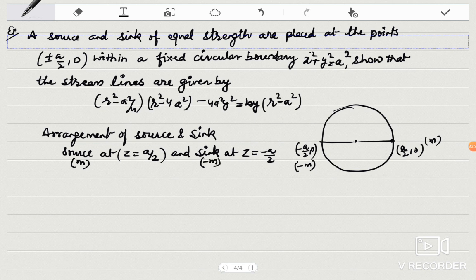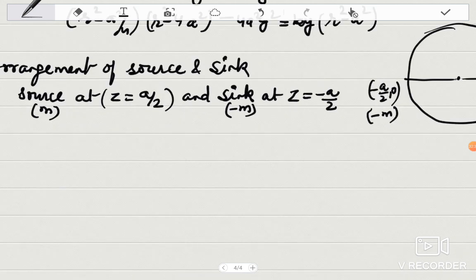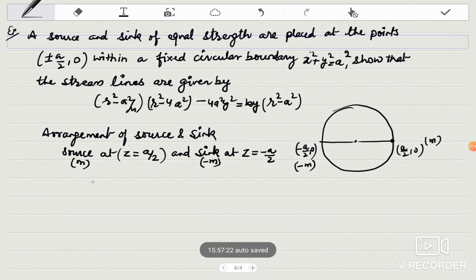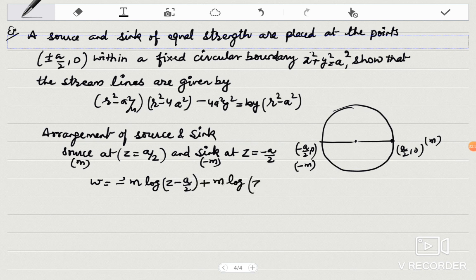So we are assuming that there is no boundary. These are just the locations. So we take complex potential W is equal to minus m log z minus a by 2 plus m log z plus a by 2.